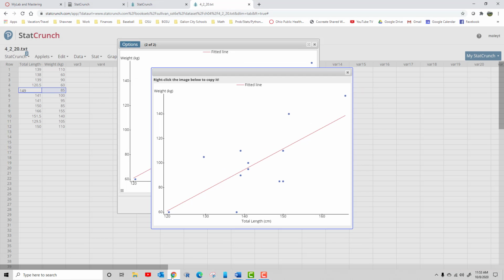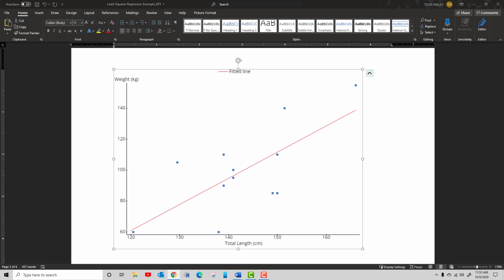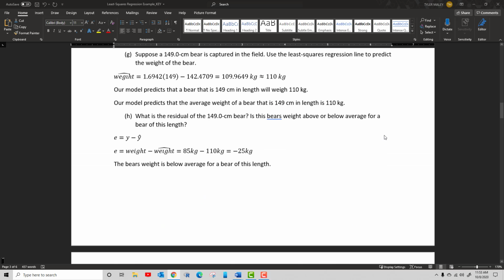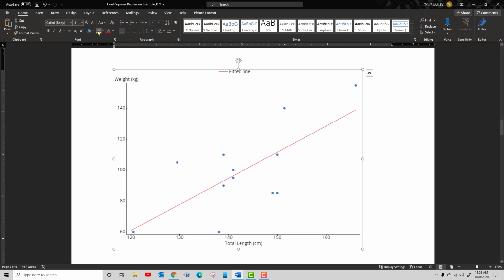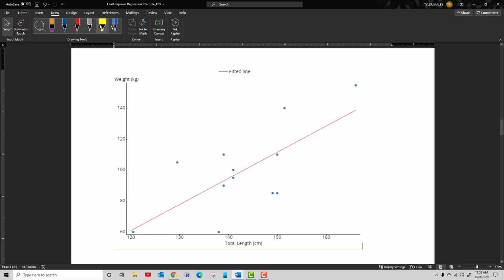So if you look at the data, what I'm going to try to identify is that value that's 149 centimeters, with 85. This data point here should be the data point that we're after.